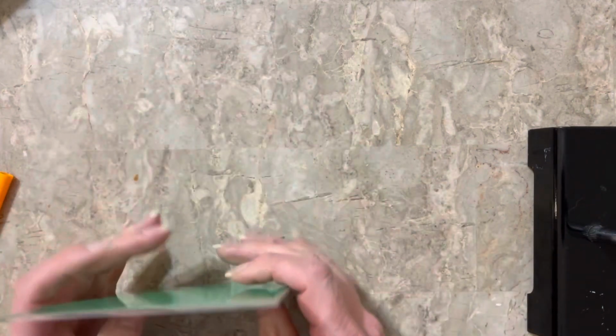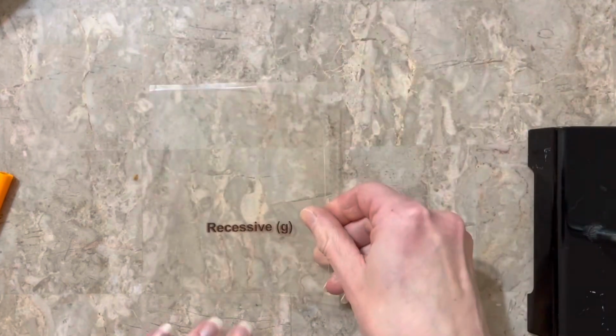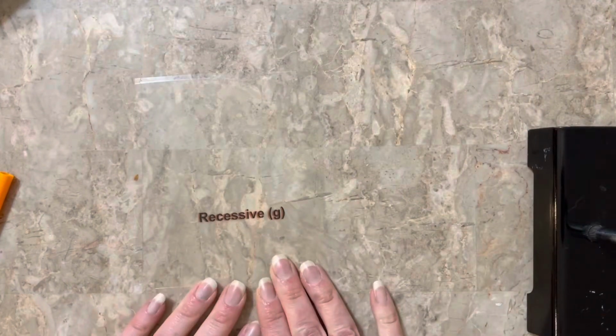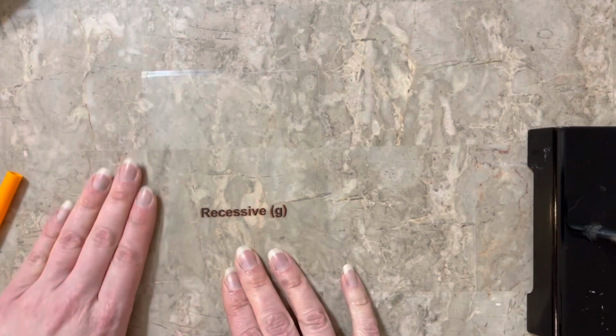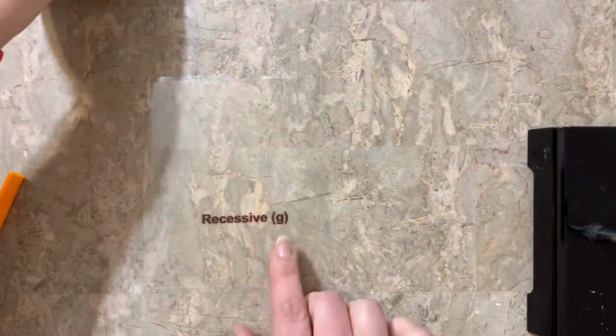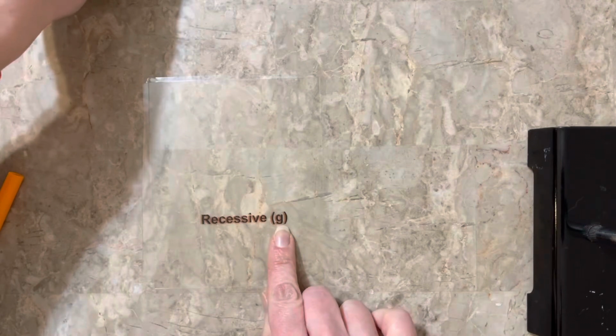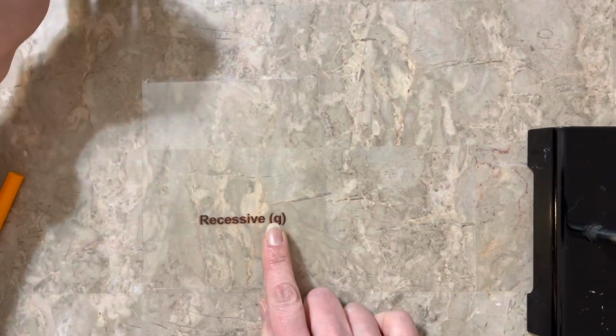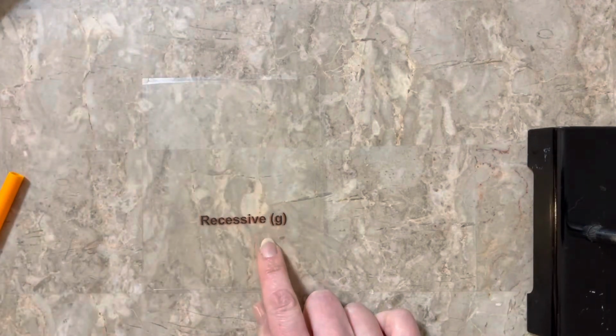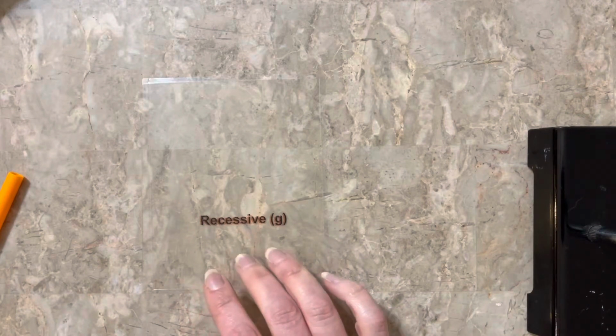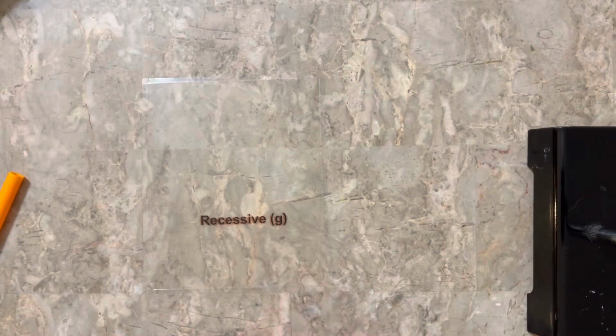What if we have another parent that has this trait, which is the recessive trait, represented by a lowercase g? What is the phenotype for this recessive trait? Very good, clear.